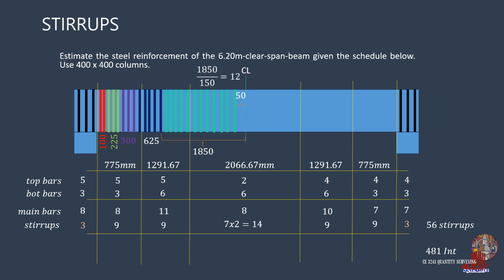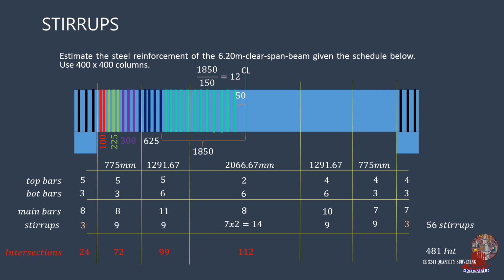Also complete the table to find the number of intersections, which is the product of the main bars and the stirrups. From the left column connection, 8 times 3 gives 24. Next is 8 times 9 giving 72. Then the next span has 11 by 9, which is 99.